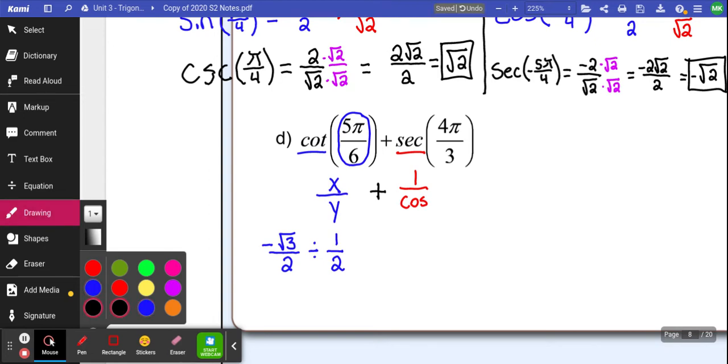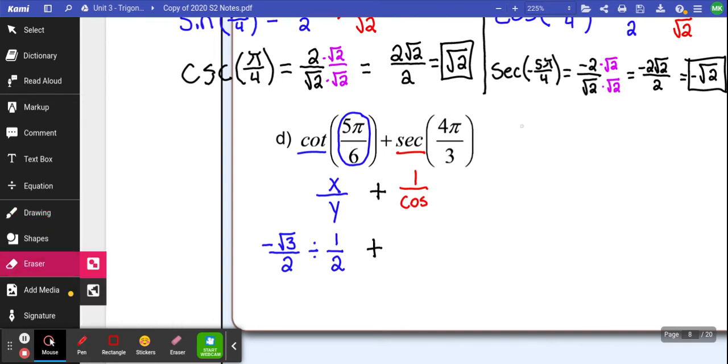Plus secant, so we're looking for cos, which is the x value. The x value at 4 pi over 3, I think, you're going to be in quadrant 3, so it's going to be negative, and the x value is negative 1/2.